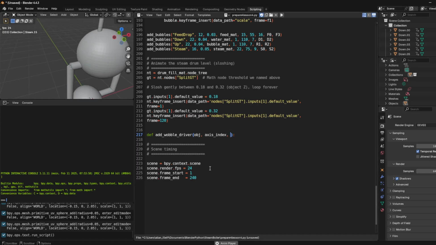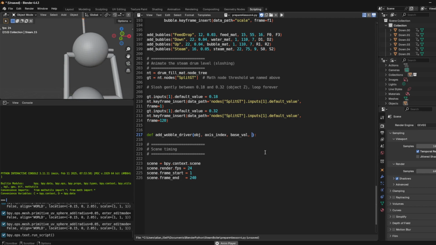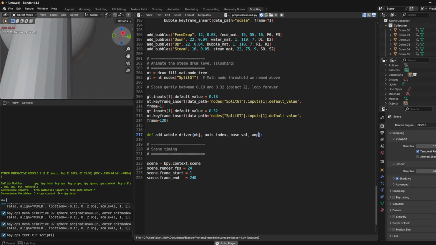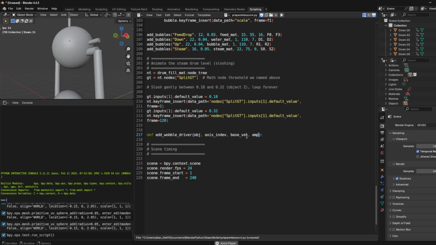Then the base value, which is just where they wobble around. Like if they wobble in the middle, then the base value is that middle. Then amplitude: how far is the farthest wobbling point?